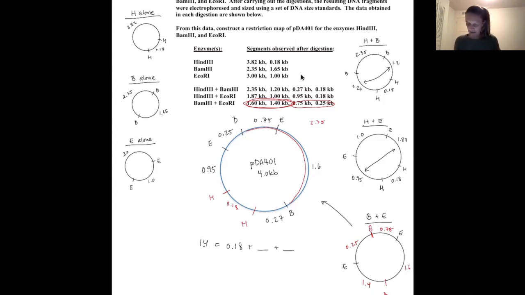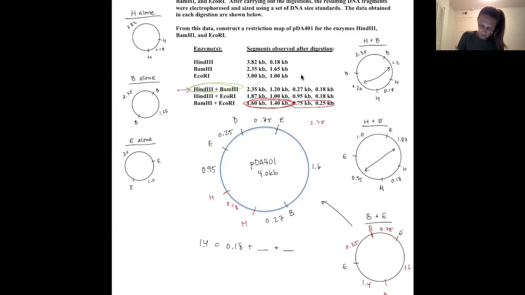But I think that this is the correct map, but let's just double check. So let's just check with our Hindi and BAM. So I'm going to try to color code this for our checking. I'm going to just remove my red line. There. All right. So I'm going to do these color coded here. So for Hindi and BAM, we get a 2.35.